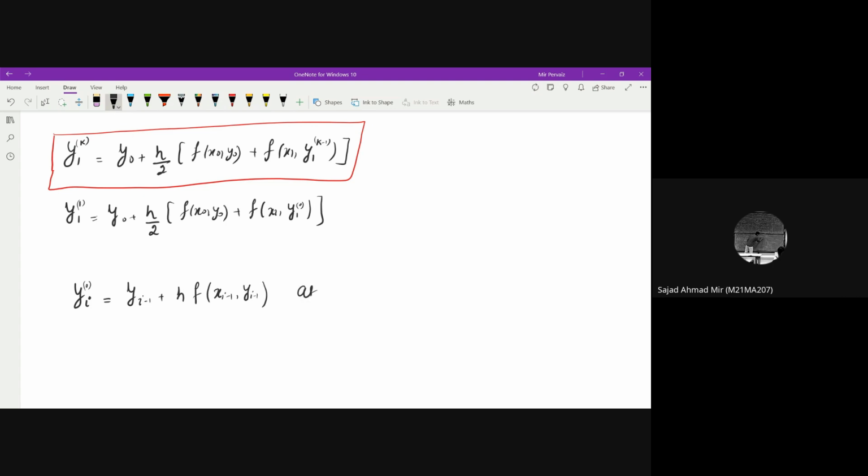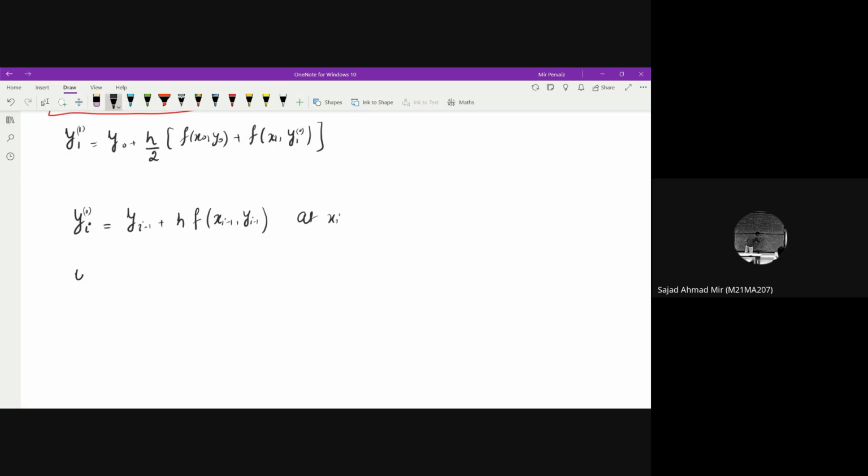This is at step xi, and your kth order approximation at step i is using the previous point and taking the average of slopes at one point ahead and one at the current point.